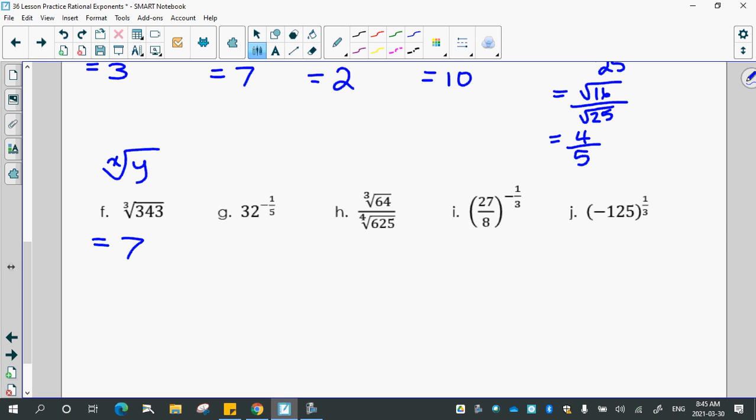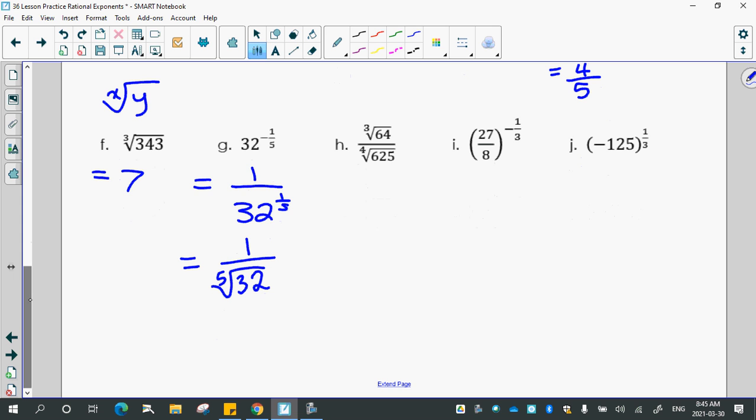32 to the negative 1/5. Any ideas what I would do first? Good. Well, flip it so that we get a positive exponent. That is exactly what I would do first. 1 over 32 to the positive 1/5, which is 1 over the 5th root of 32.